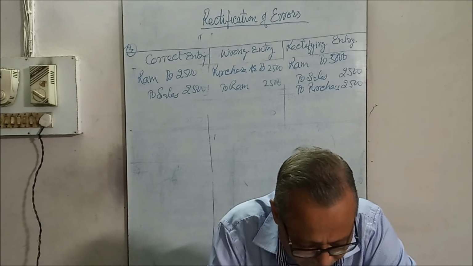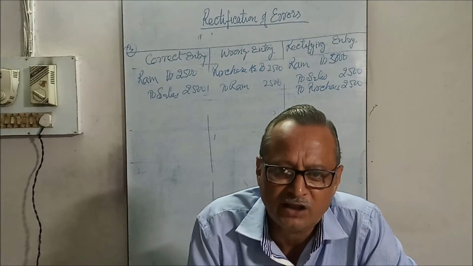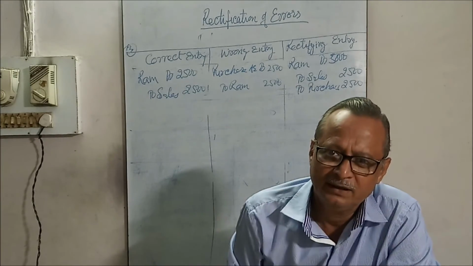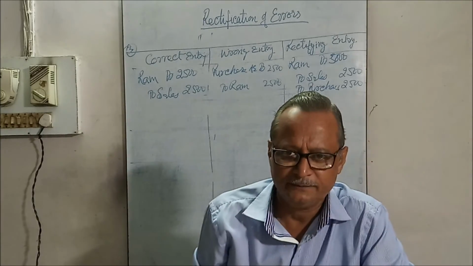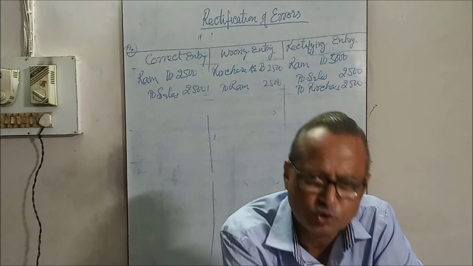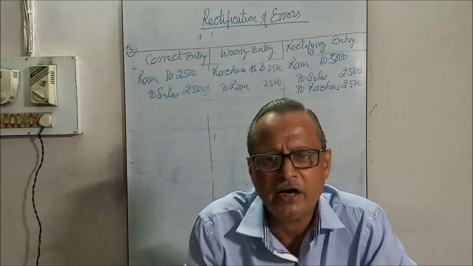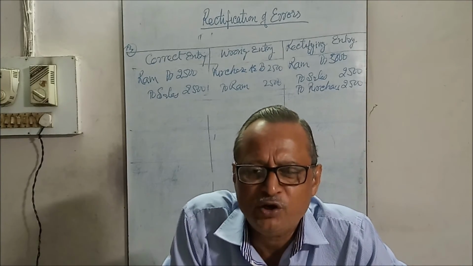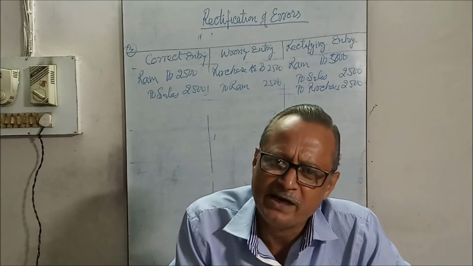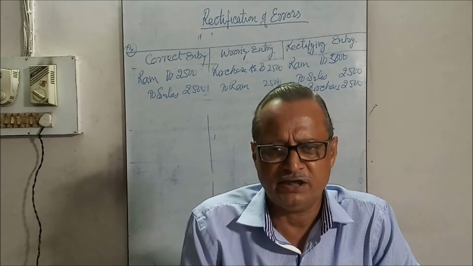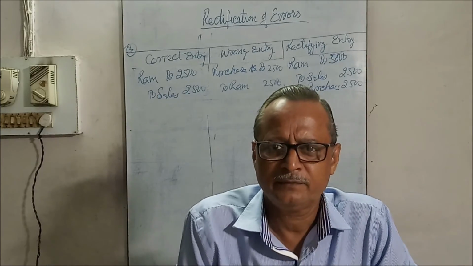Now the second part in the fourth question. A credit purchase of goods from Shyam amounting to rupees 1,000. The entry should be purchase account debit to Shyam 1,000. It was passed through the sales book, recorded as Shyam debit to sales. So to rectify, purchase should be debited: debit the purchase account 1,000 rupees.